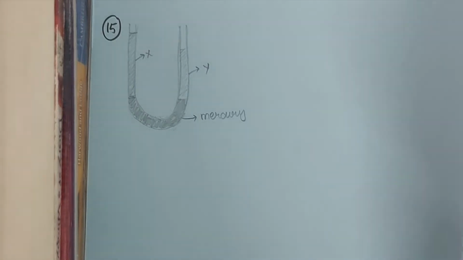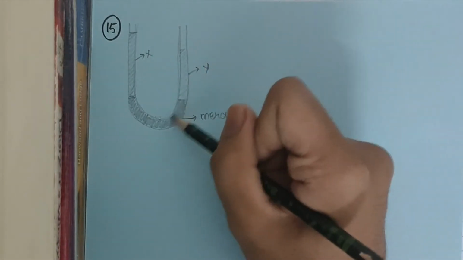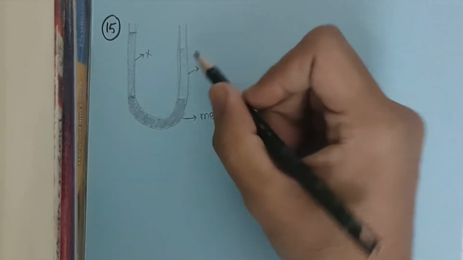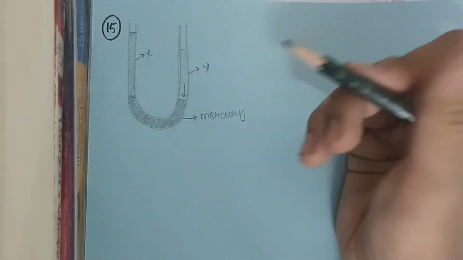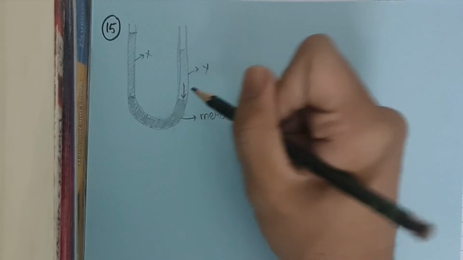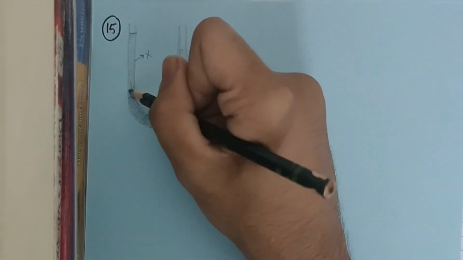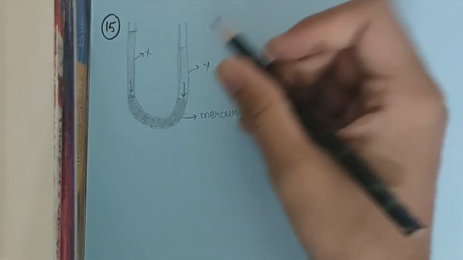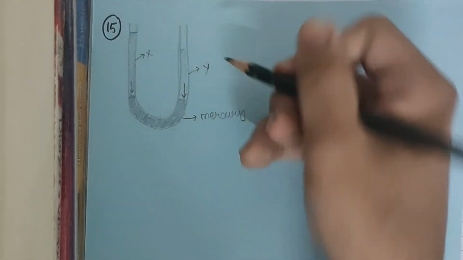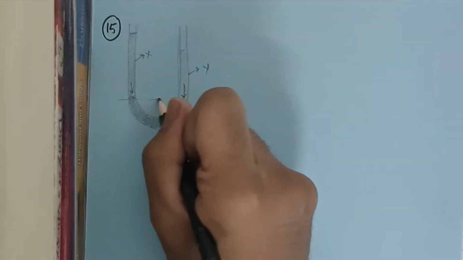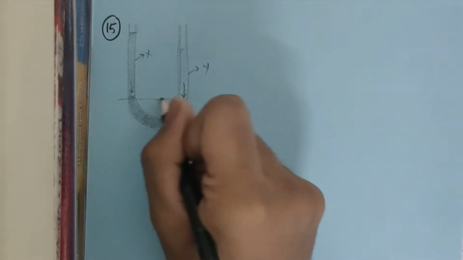What a manometer does is that it basically measures the pressure or the force you have over this mercury over here. So if I had a larger force on this side, if this arrow was larger than the force on this side, then it would mean that the mercury would go down. It would be somewhat here. But in the question, we have the mercury on equal level.